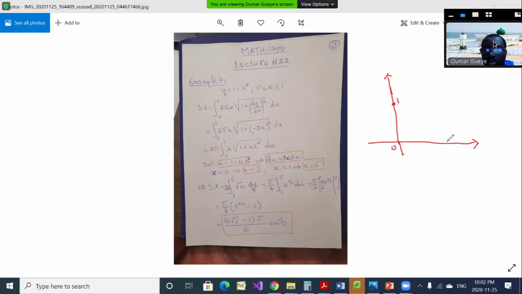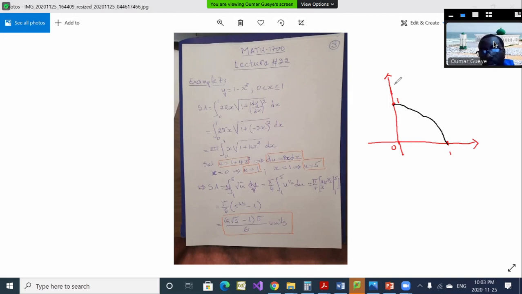And when x equals 1 here, it's going to be 0. And we just rotate the portion of this curve, only this part. I will not draw the other part. We only rotate because x is between 0 and 1 as the question mentioned here.